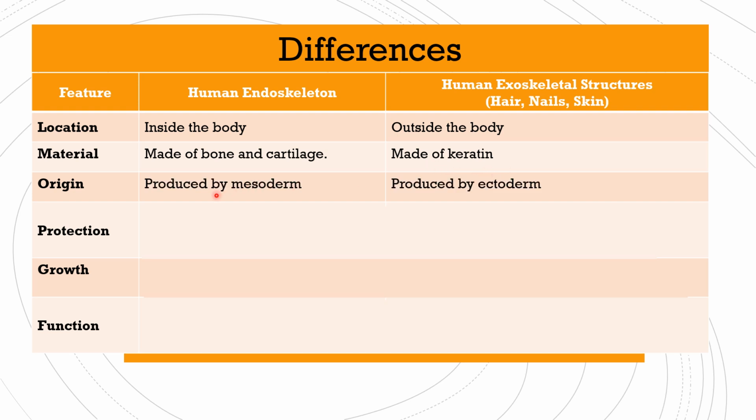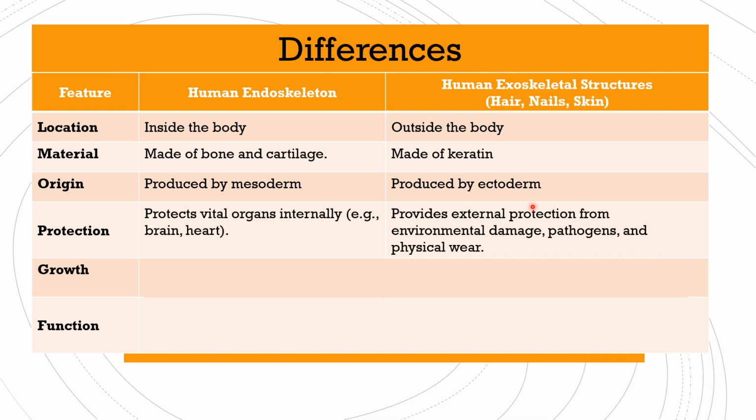Endoskeleton is produced by the mesoderm, whereas the origin of exoskeleton is from the ectoderm. When it comes to protection, the endoskeleton protects the vital organs internally, whereas the exoskeleton protects the body from environmental damage, pathogens, physical wear and tear, and all these external agents.